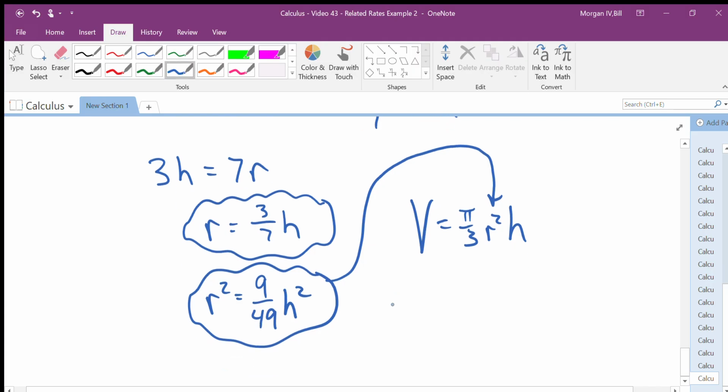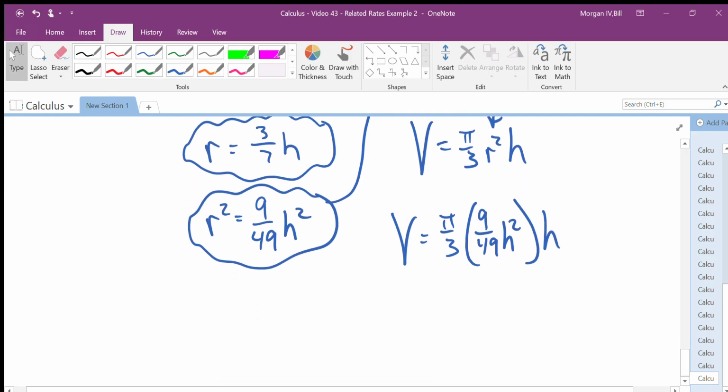Now my volume is pi over 3 times 9/49 h squared, that was my r squared, times h. Or if you work this out, volume is pi over 3, I could simplify that but I'll just leave it, times 9/49 times h squared times h, which is h cubed.